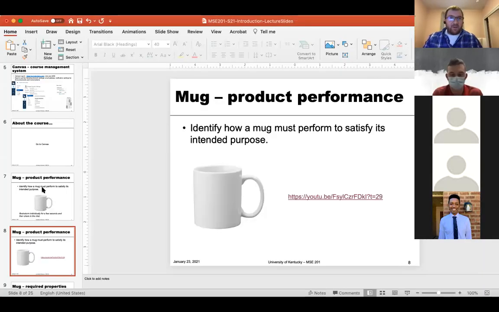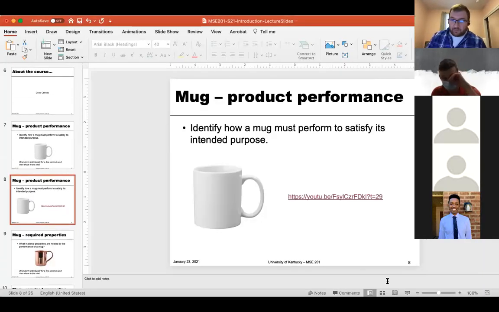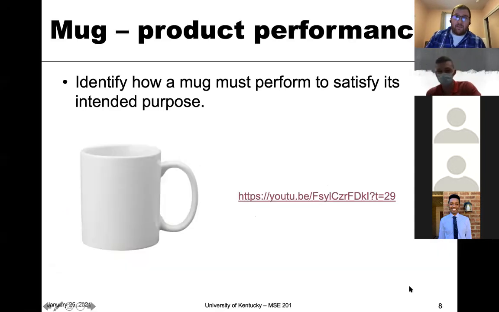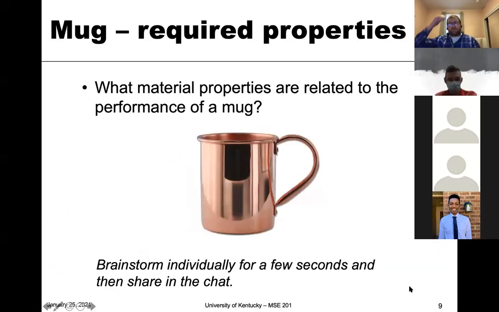So let's go back, and I want to look at the next kind of thing to look at with this mug. So now you've told me what a mug has to do. Now I want you to think about what material properties are related to those intended functions.